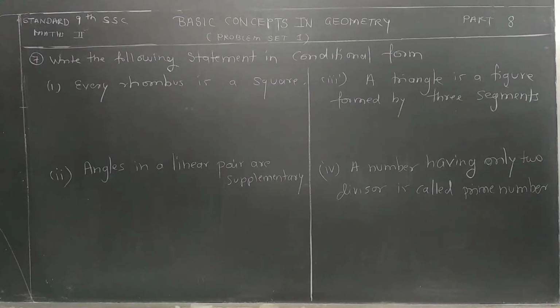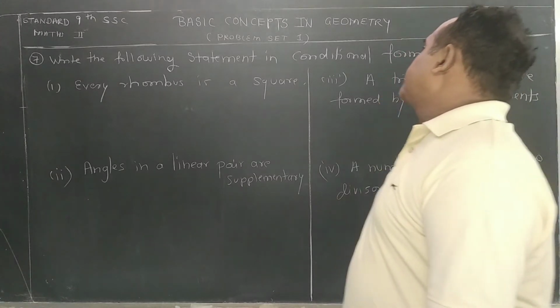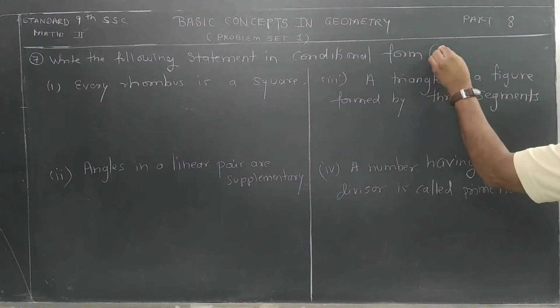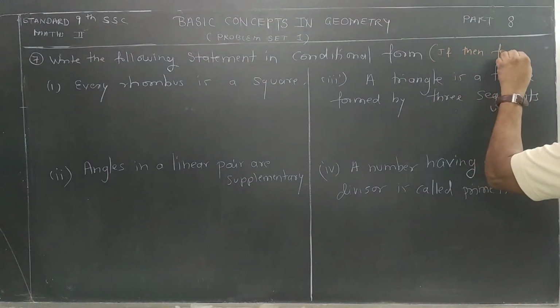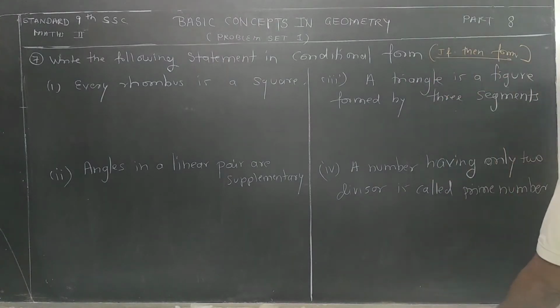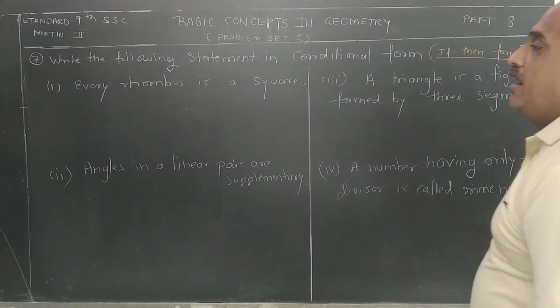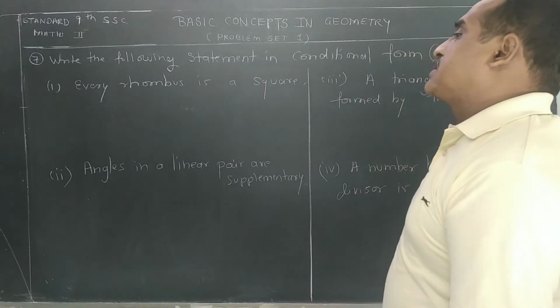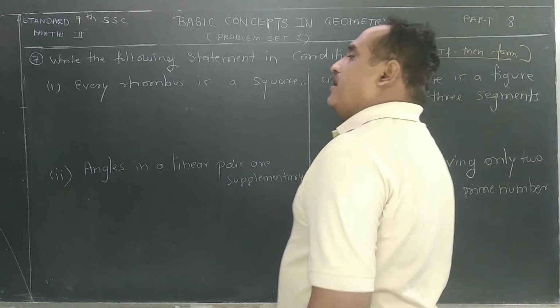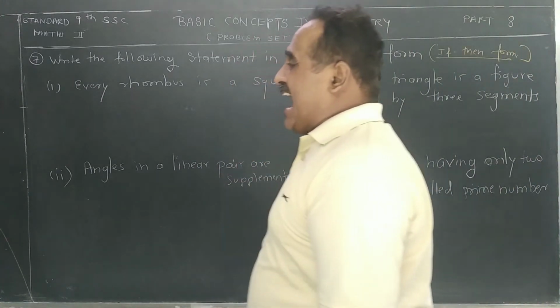Now, the second question is: write the following statement in conditional form. What is the conditional form? If-then form. Right? Now you have to put if and then. It is called conditional form. So the first statement: every rhombus is a square. Okay, we are going to put if and then.